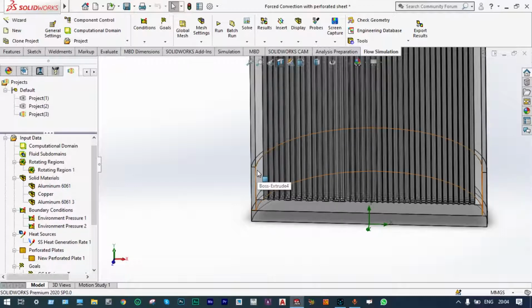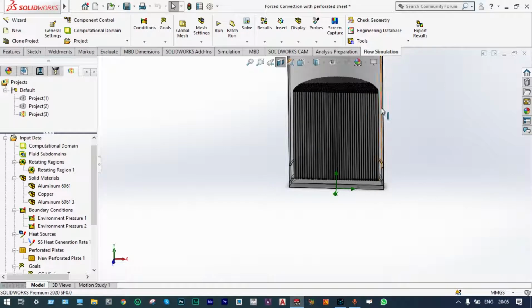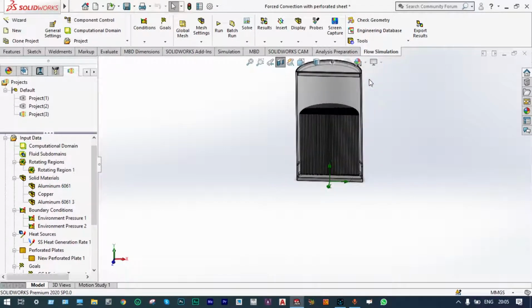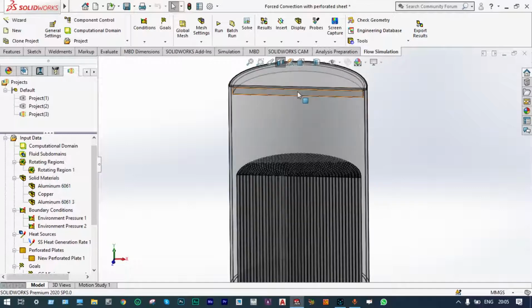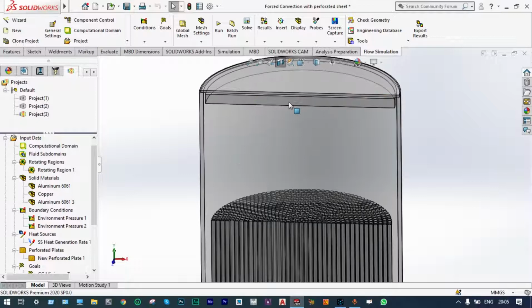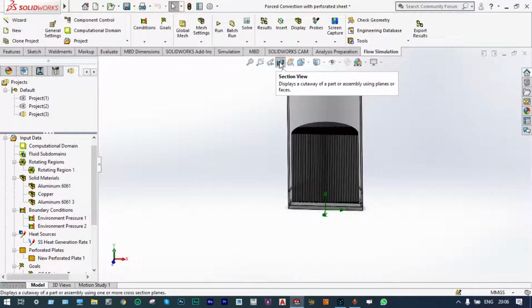The sheets have circular perforations with a specific diameter, and you can see the top part, known as walls, which is also made up of aluminium. And to provide air from the top at a high rate, we have provided one fan at this location, and this is the lid.